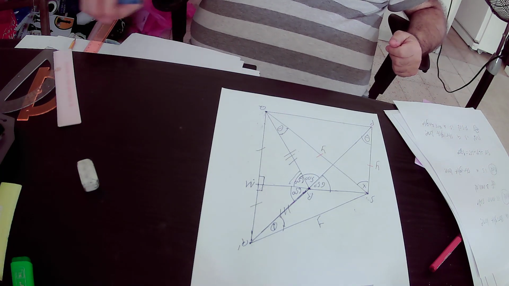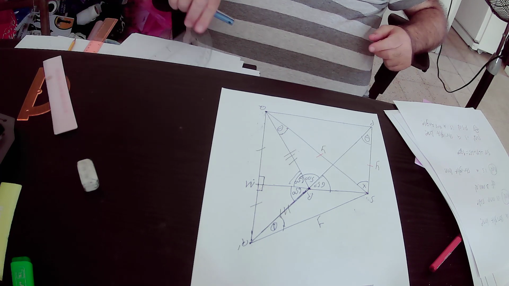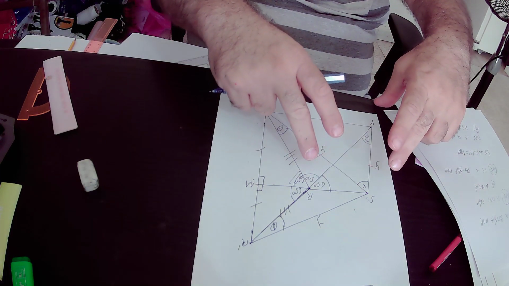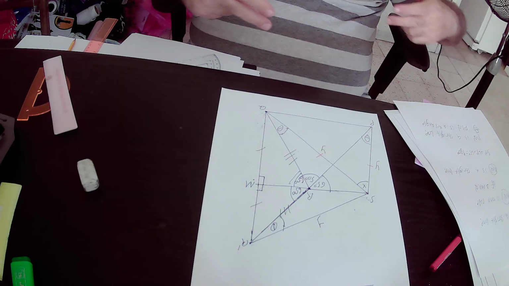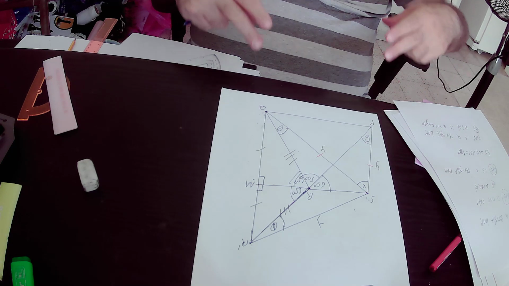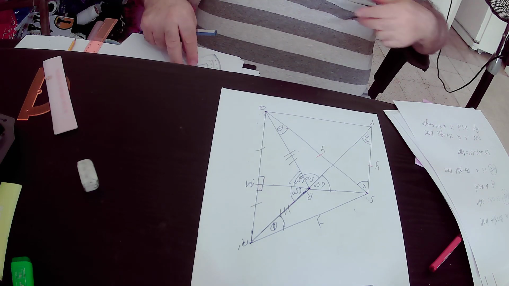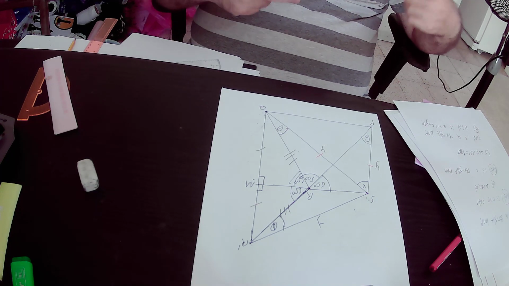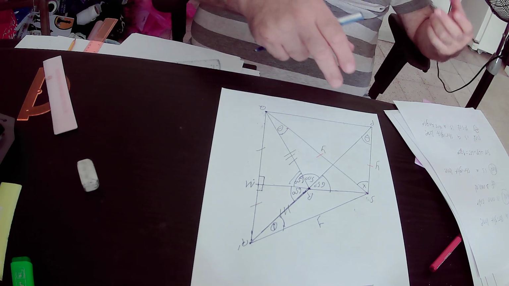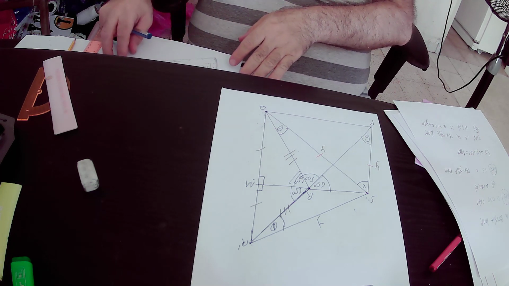So we can inscribe the quadrilateral SRPQ in a circle.